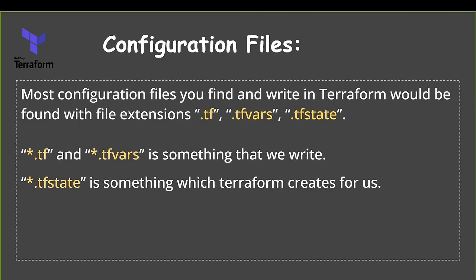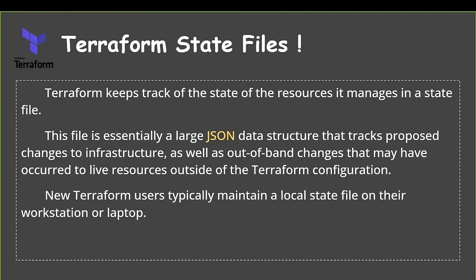Then we have something called the .tfstate file. I'll discuss what a state file is in detail in the coming slides. Out of these, .tfstate is something which Terraform creates for you. You don't have to do anything with that. The .tf file and .tfvars file are written by you. You would have to write them out.